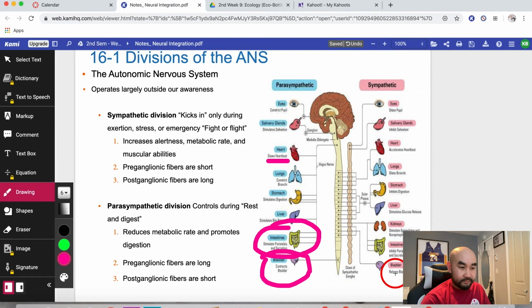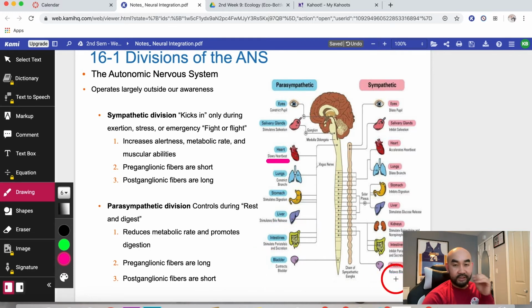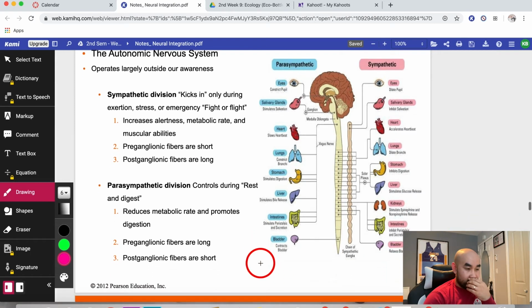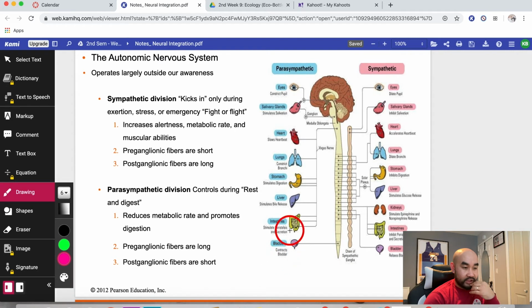Oh, my bad. I take it back. Your bladder relaxes on sympathetic. So that's why people tend to pee, because you lose control of it. Your energy is going somewhere else to help you, like heartbeats, breathing.